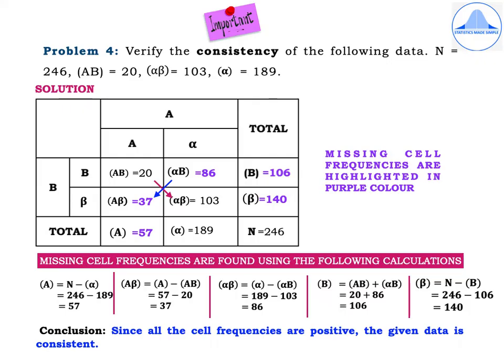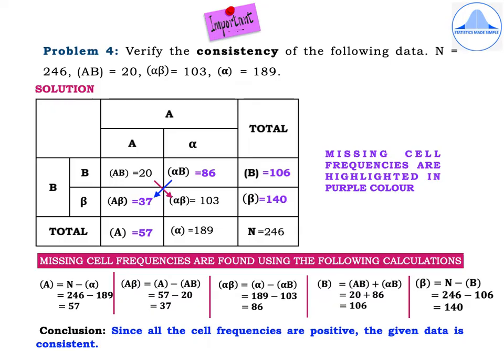The missing cell frequencies are found using the calculations as indicated below the table, and after computation we get the missing cell frequencies as alpha B is equal to 86, B equal to 106, A beta is equal to 37, beta is equal to 140, A equal to 57, which are written in purple color in the 2 by 2 contingency table.